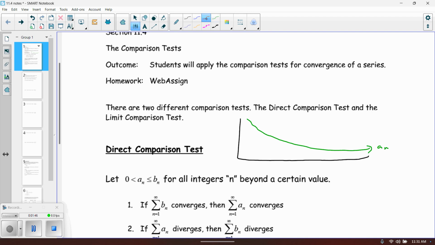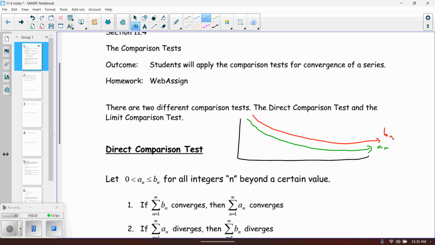If we know another series which is similar to the one that we are looking for, and we can somehow bound it one way or the other depending on which way we're trying to do this, then we can tell something about the series. So what I mean by that is, let's say I think that a sub n is convergent. If I can find a greater series than a sub n, for example, maybe this one right here, we'll call this b sub n.